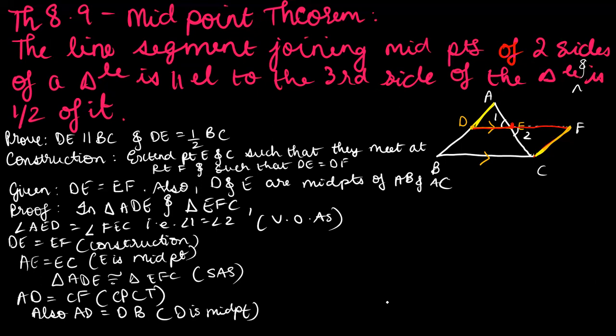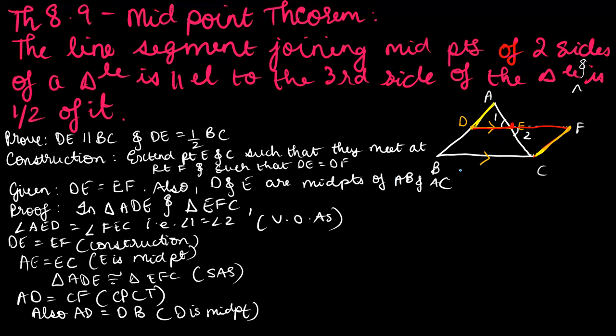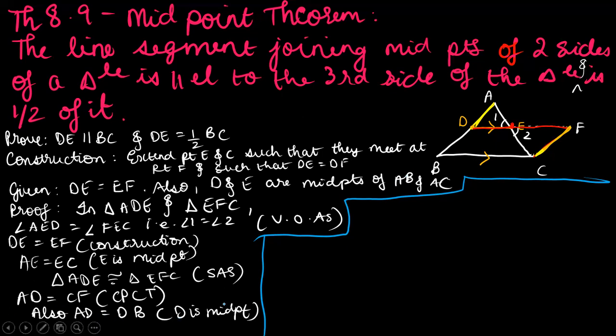I'll write the rest of this proof here, in this space. So let's use another ink so that you won't get confused. Okay, so now we said that AD is equal to DB because D is the midpoint, right?